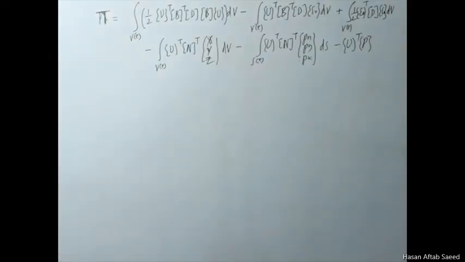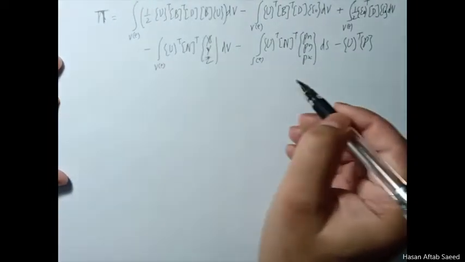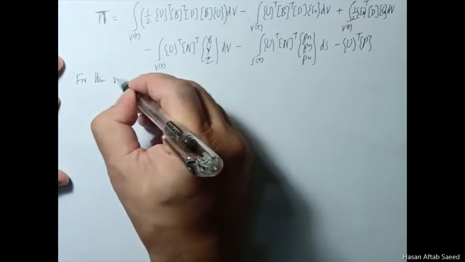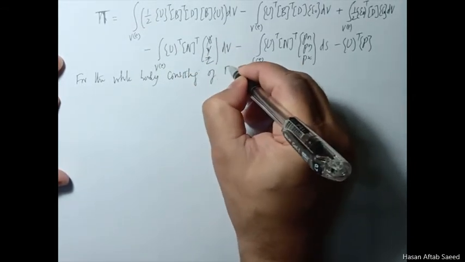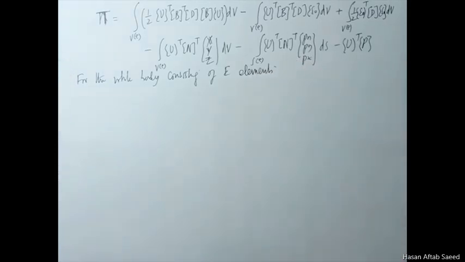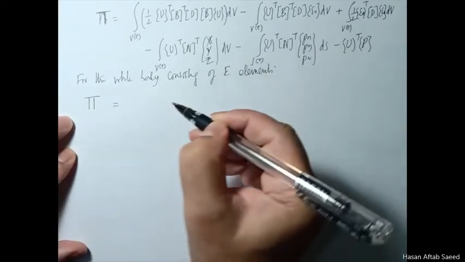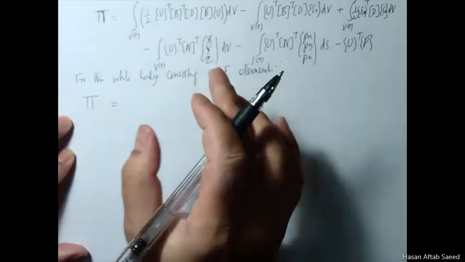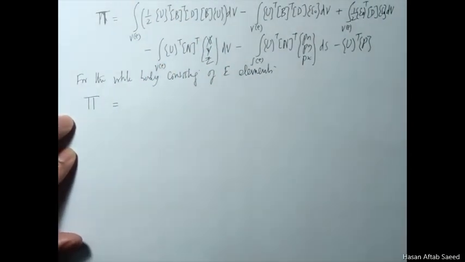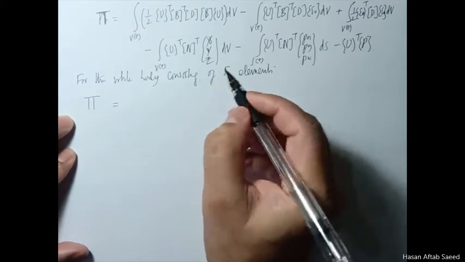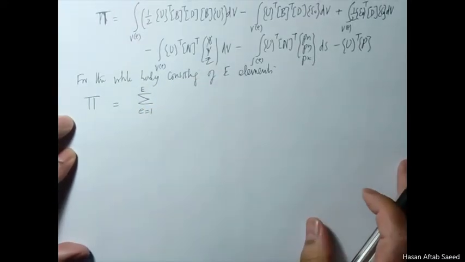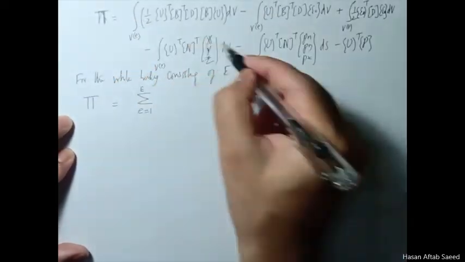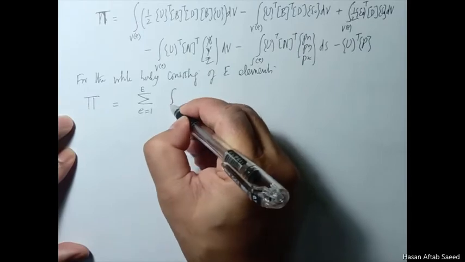So if we talk about the whole body, consisting of E elements, the total number of elements, let's call it E, then we can write the same expression as a summation from one element to the total number of elements, whether 1000, 10,000, 20,000, whatever the total number is, and we essentially get the same thing.